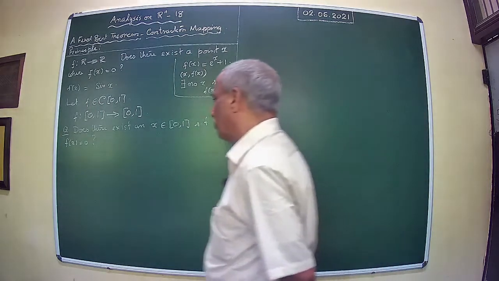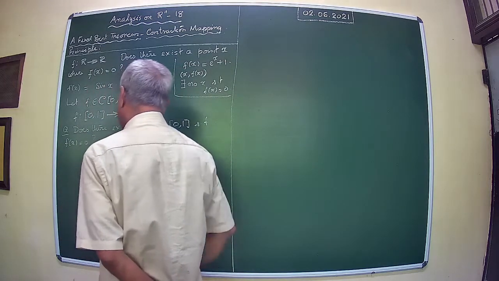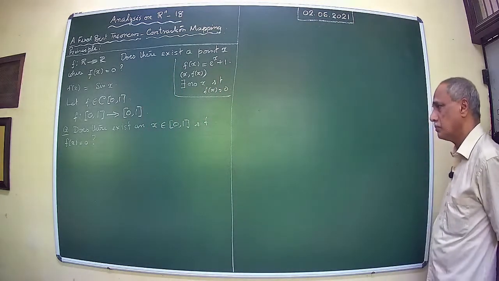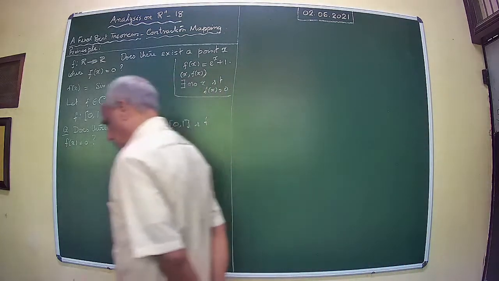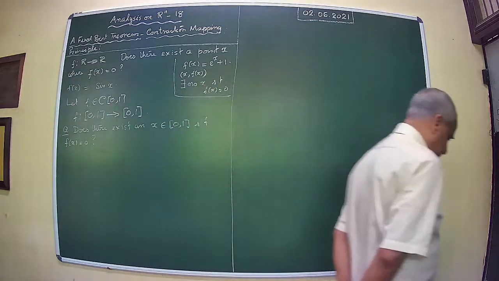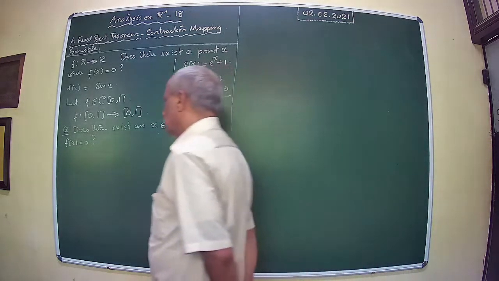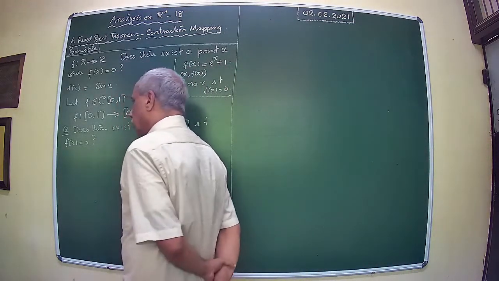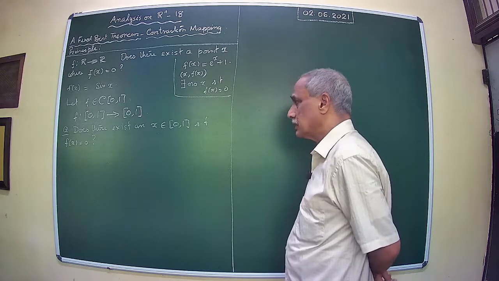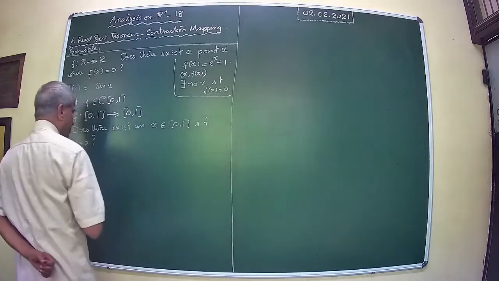See, what does this mean? This function may have a 0 or may not have a 0, we don't know. But if it is bounded here, then this is true. Now let us remodify the problem.